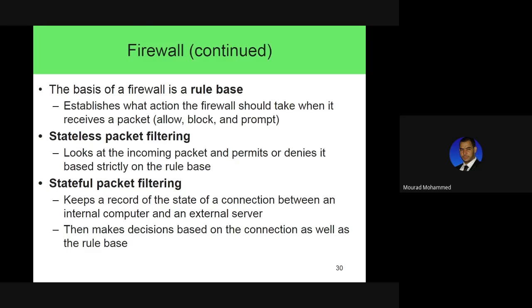Because the firewall memorizes sources and destinations and memorizes the state of a packet in order to allow it or deny it in the future. So this memorization is a record to be kept by the firewall itself.